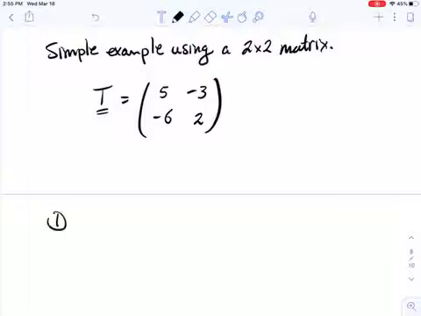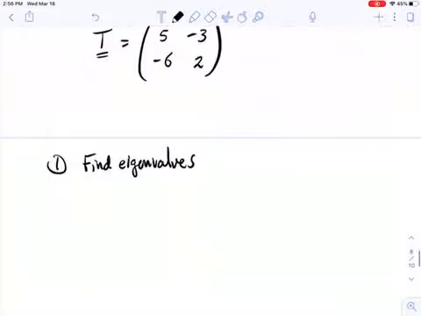So how does all of this process work? Step one is we find the eigenvalues. How do we find the eigenvalues? We take the determinant of our matrix T once we've subtracted off lambda from the diagonal elements.